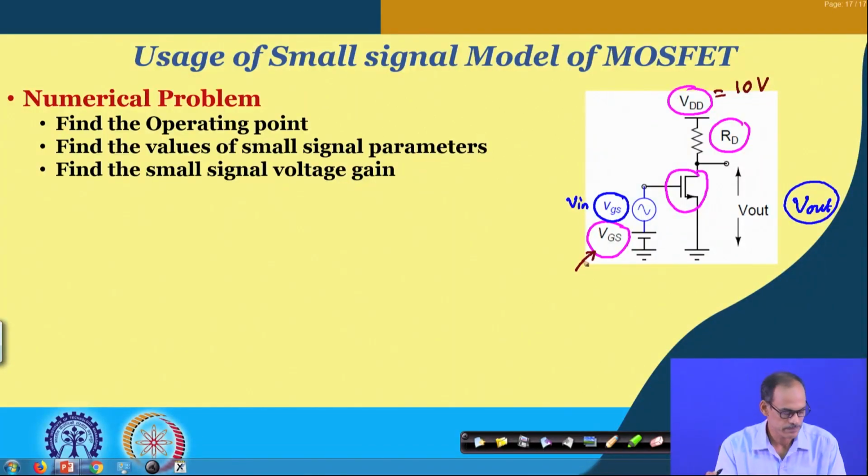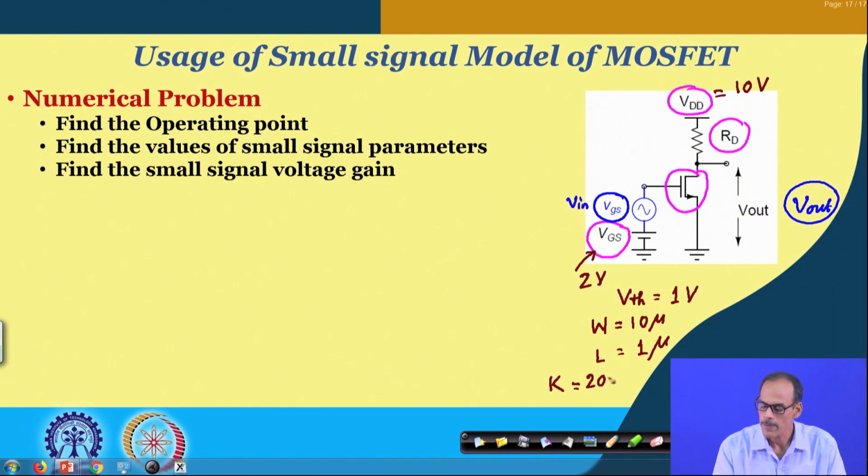This is maybe 2 volt, and let us consider VTH equals 1 volt for simplicity of calculation, and W equals say 10 micron, L equals say 1 micron, and let us consider K, the transconductance parameter, equals say 200 microampere per volt square.